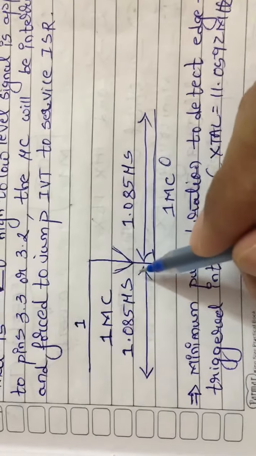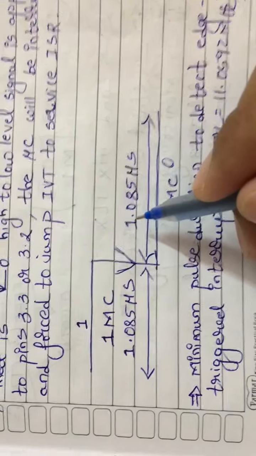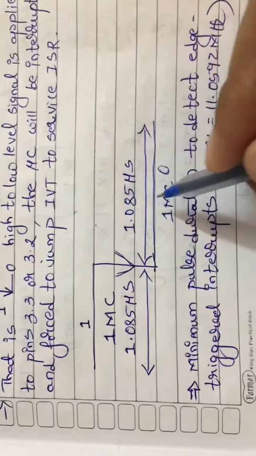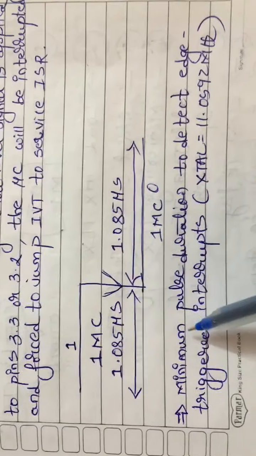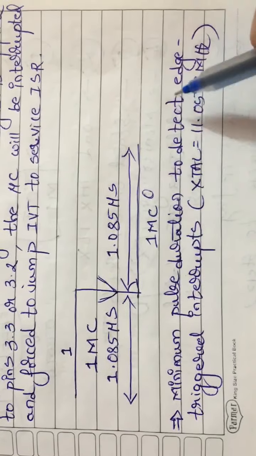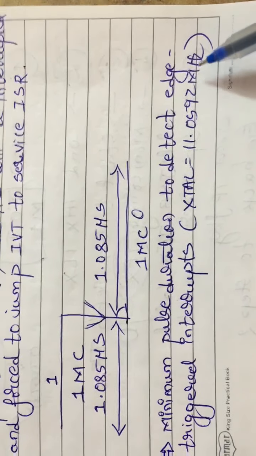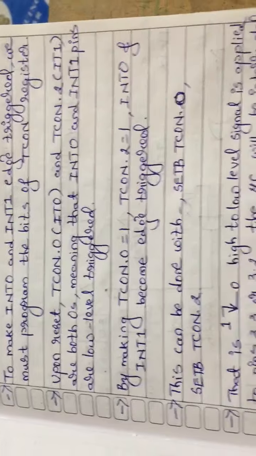So I need only one machine cycle to go inside the edge triggered interrupt. This is the minimum pulse duration to detect an edge triggered interrupt if the crystal frequency is 11.059 megahertz. So this is about the edge triggered interrupt.